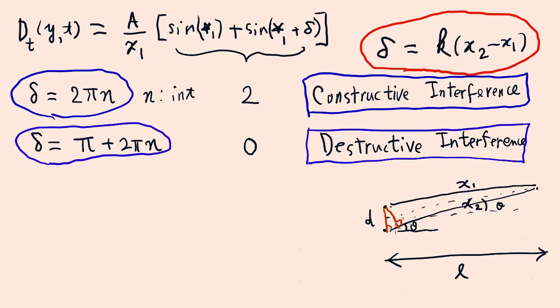But in this triangle, this angle plus that other small angle there is also 90 degrees, which means that this angle here is theta. And the difference between x1 and x2, that's about this guy here. So that difference is about d sine theta. Okay, d sine theta.